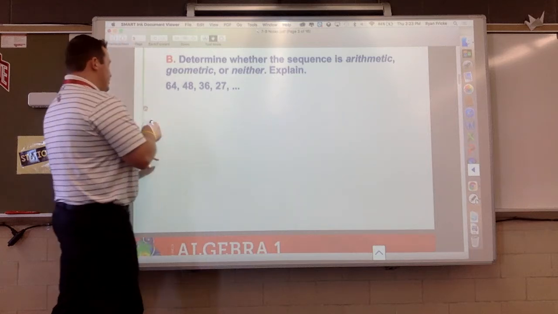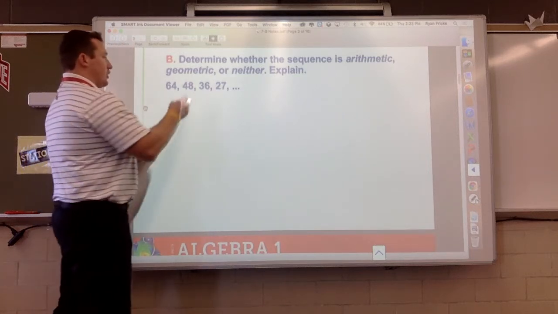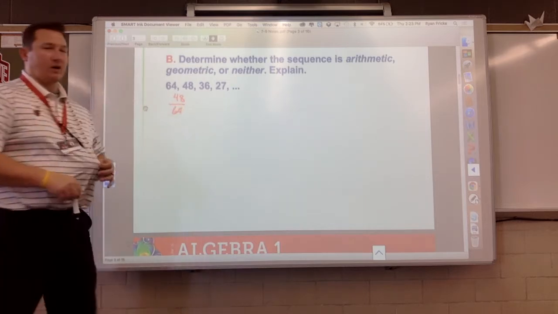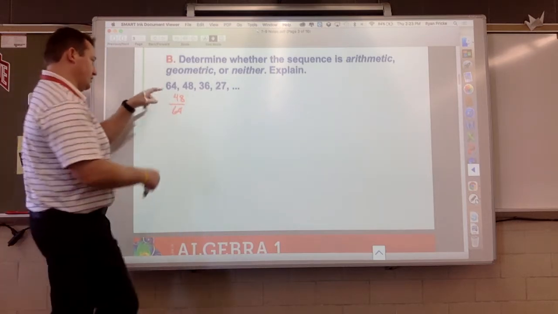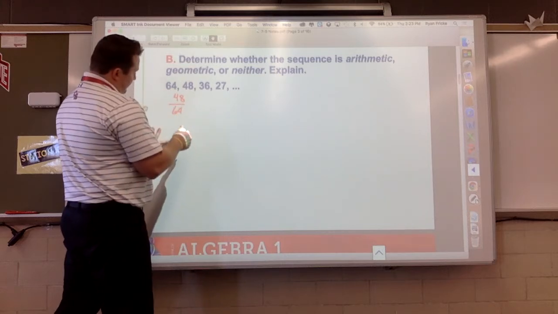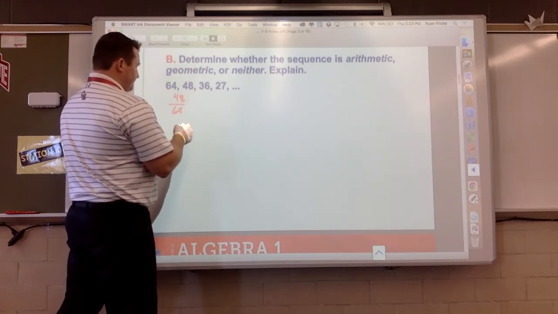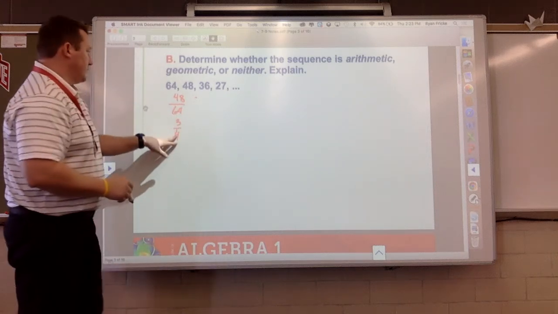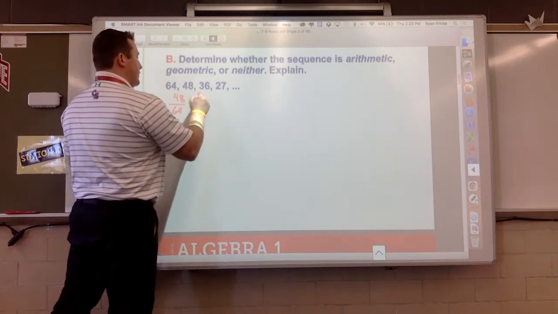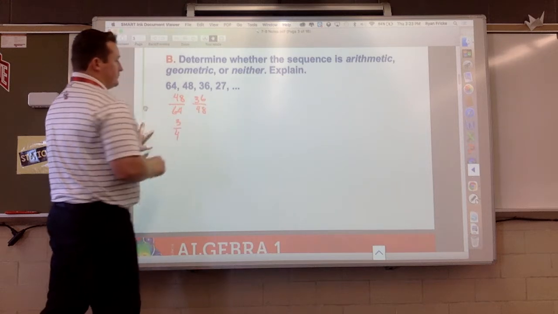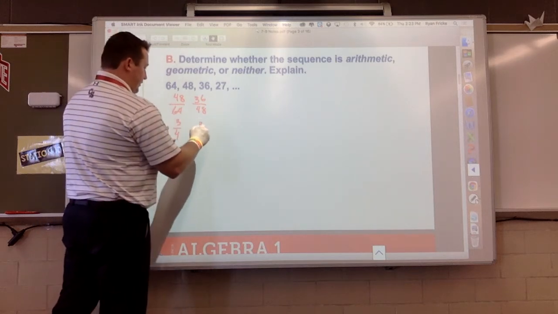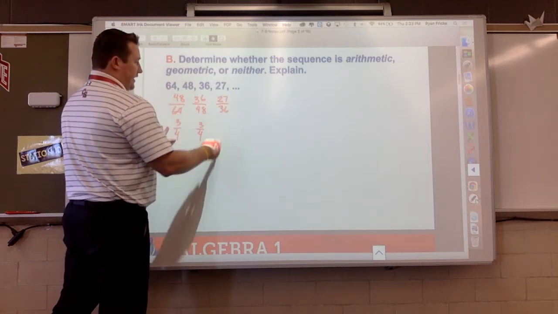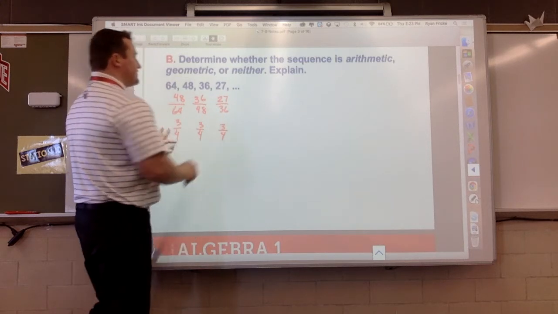Let's take a look at geometric sequences. All we do is take 48 and divide by 64. In this case, we're going to get a fraction. That should be 3/4. Do the same thing here: 36 divided by 48, divide out 12, yes, 3/4. 27 divided by 36, divide out a 9, 3/4.